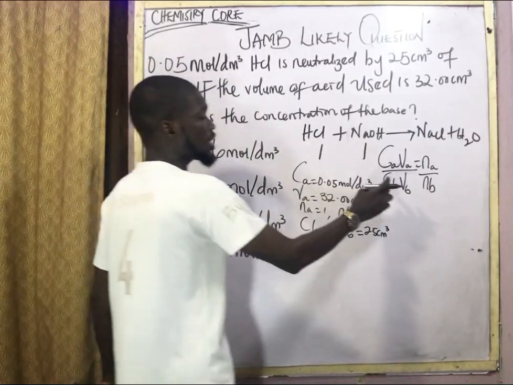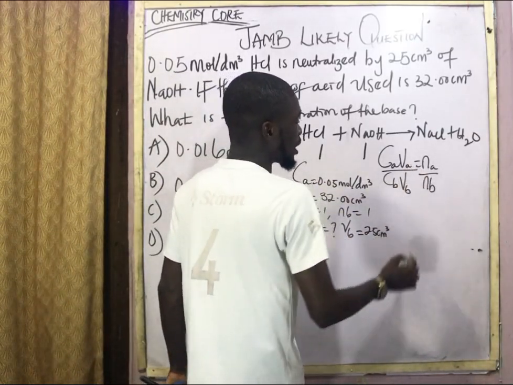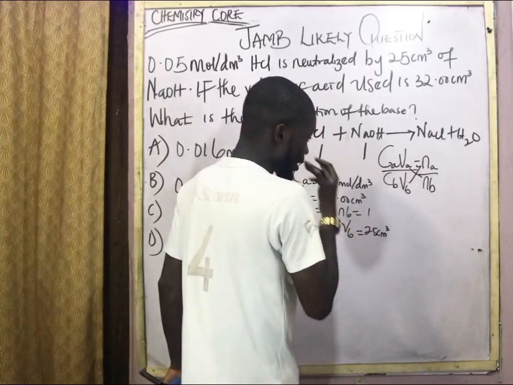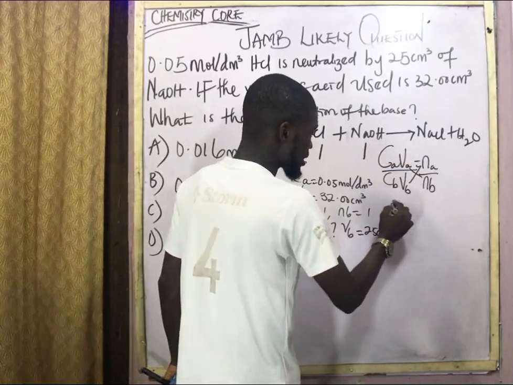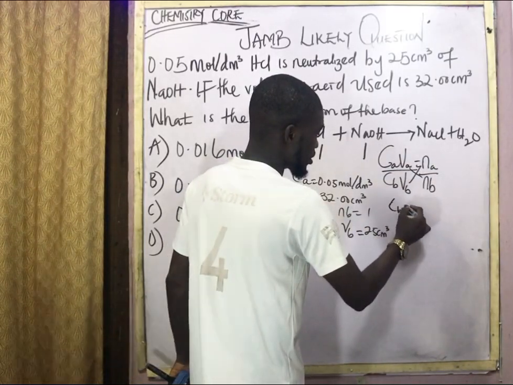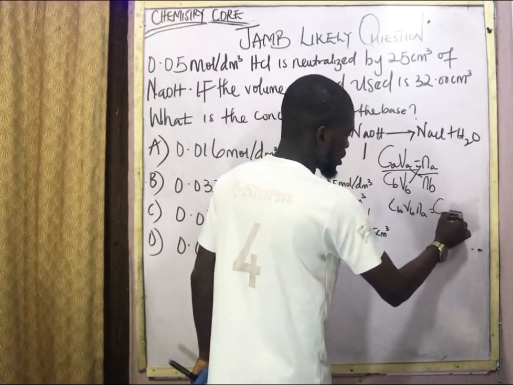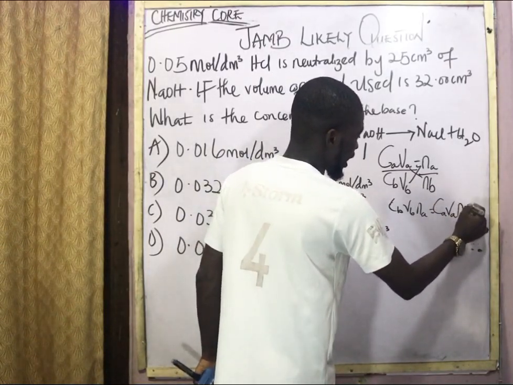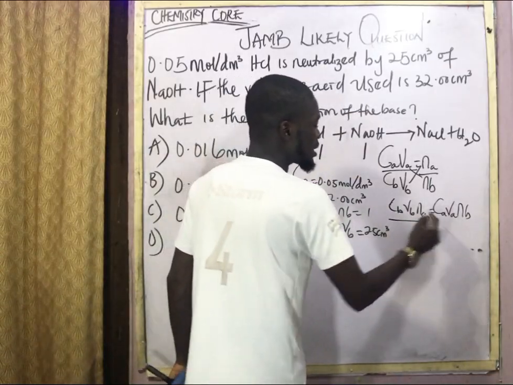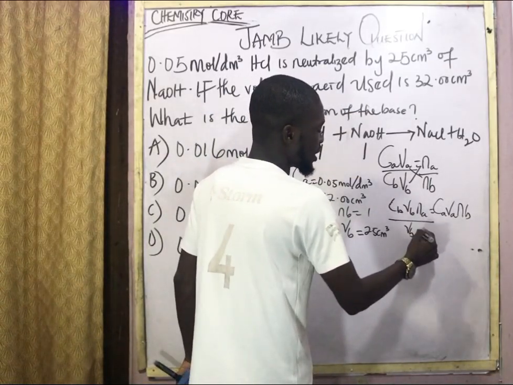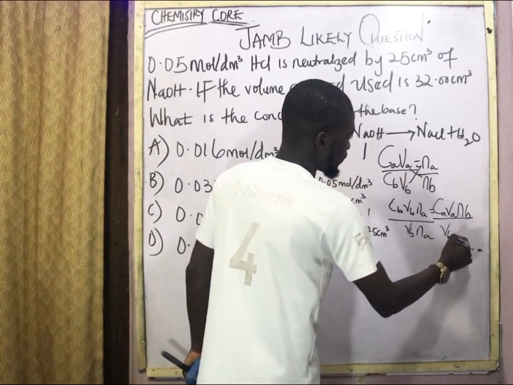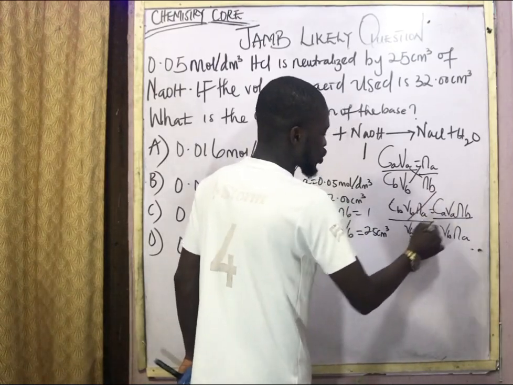Now, if we are to make Cb the subject of the formula, first you cross multiply. With that, I have CbVbNa equals CaVaNb. So to make this Cb the subject of the formula, I divide by VbNa on both sides, VbNa over VbNa, so this will cancel this.